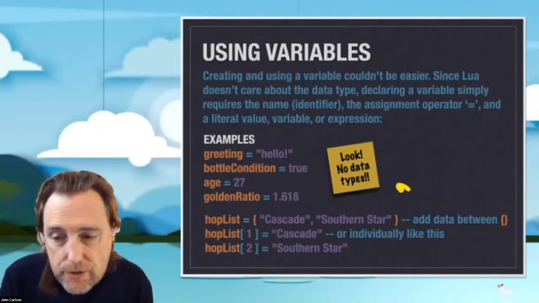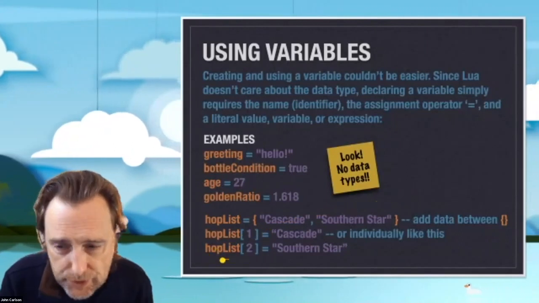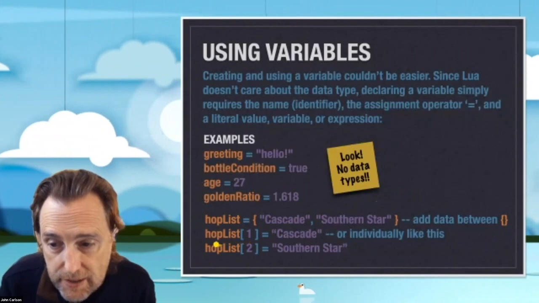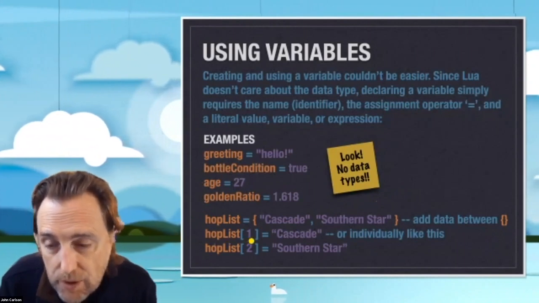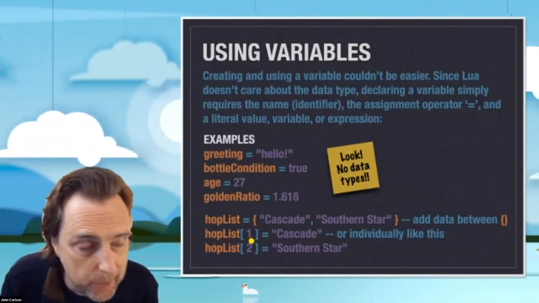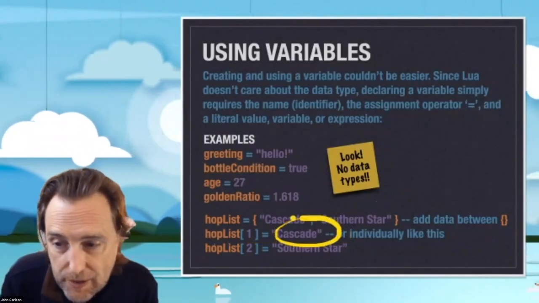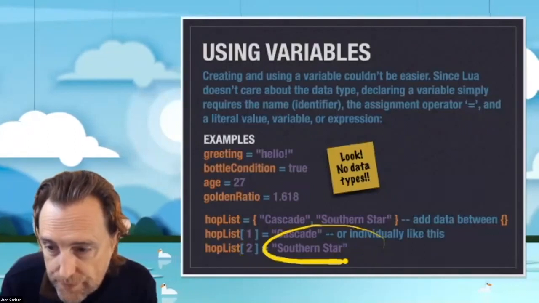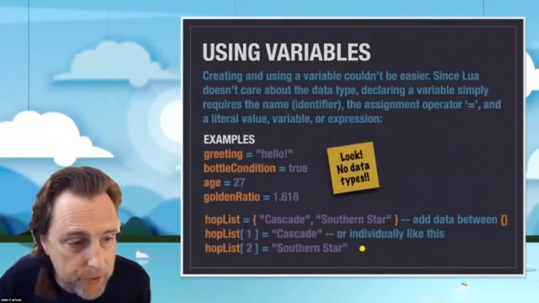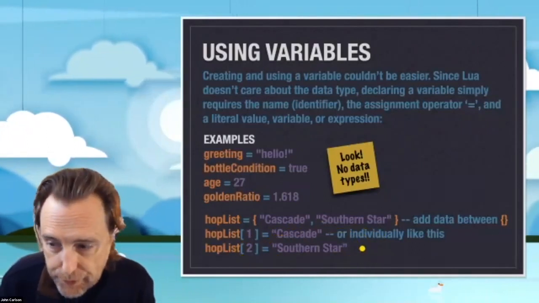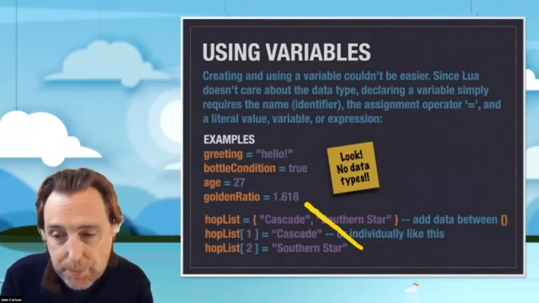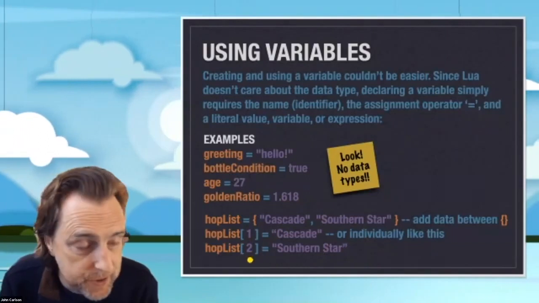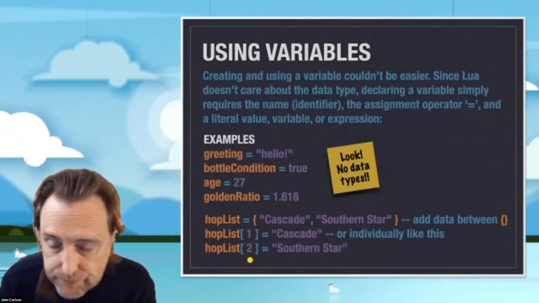The other way you can use the Lua table is with these square brackets. What you've done is said, here's a table, here's the first data element in the table, and it is this value, Cascade. Here's the second data item, and it is this value, Southern Star. So both of those syntaxes are valid. The first one simply doesn't explicitly say what the index numbers are, and the second syntax explicitly says what the index numbers are.